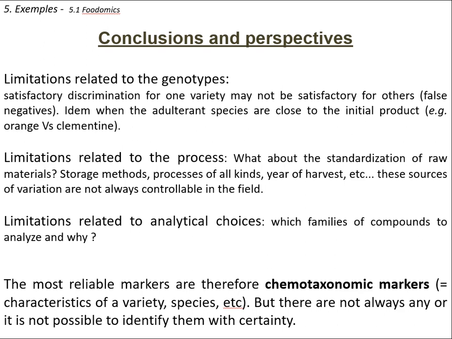And also we could add the type of cultivation techniques. Intensive or extensive cultivation will probably generate different metabolic profiles regarding the abundance of the compounds within the products. You also have limitations related to the process.